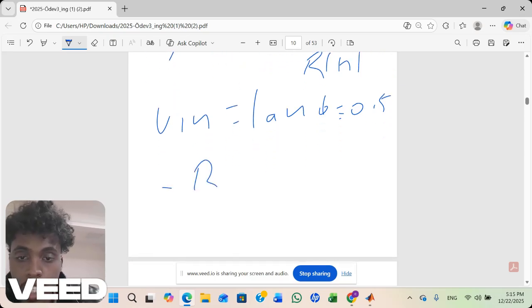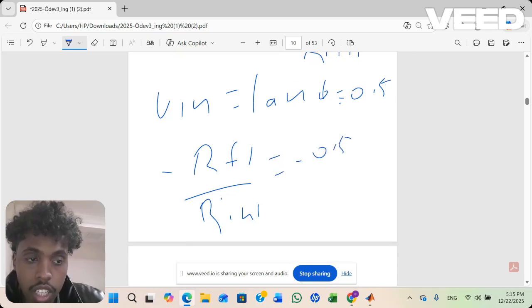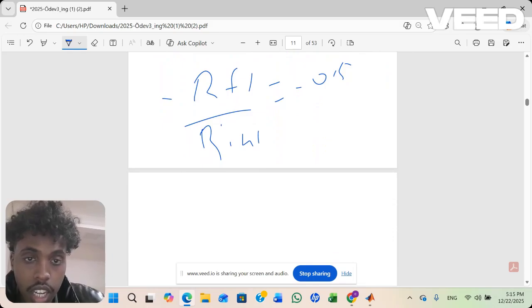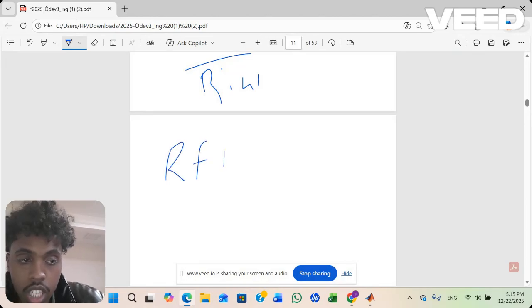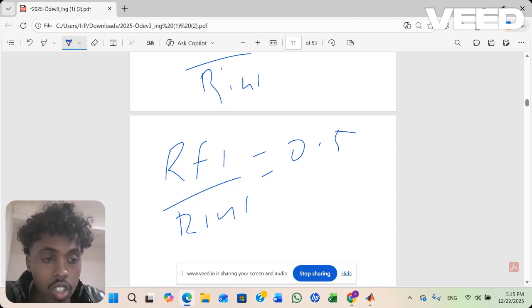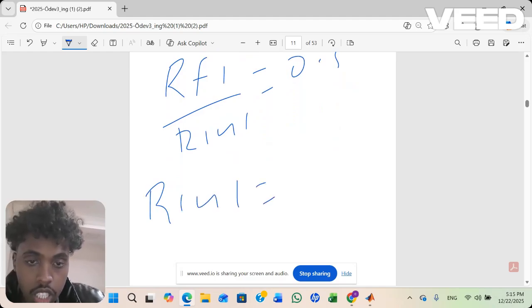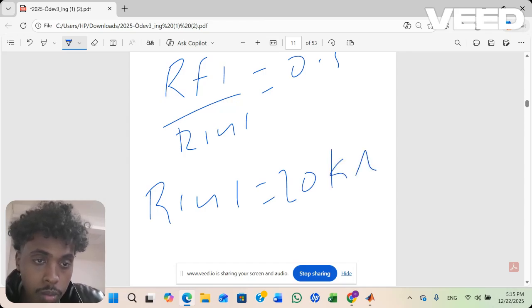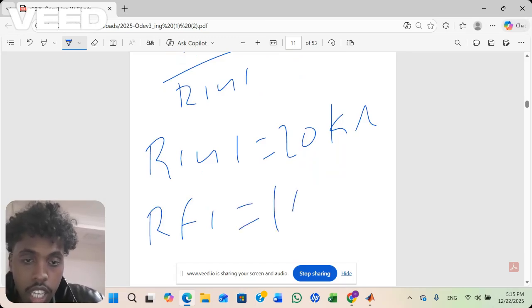So minus Rf1 over Rin1 is minus 0.5, and Rf1 over Rin1 is gonna be 0.5. So Rin1 is 20 k ohm and Rf1 is 10 k ohm.